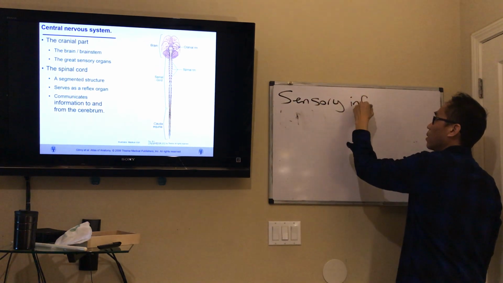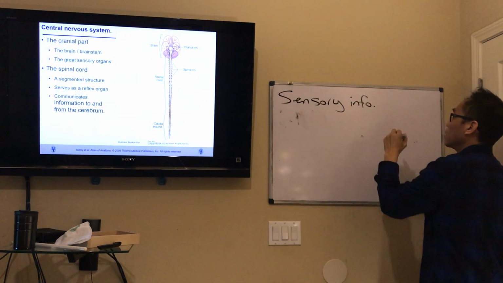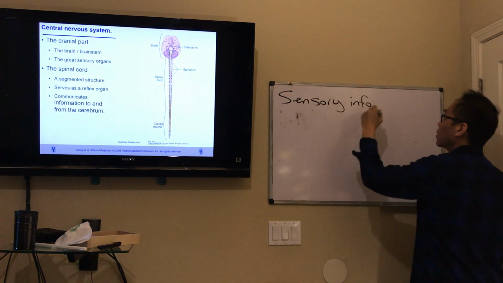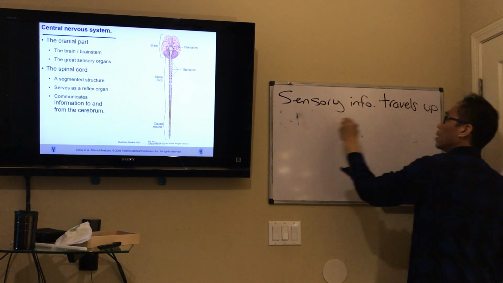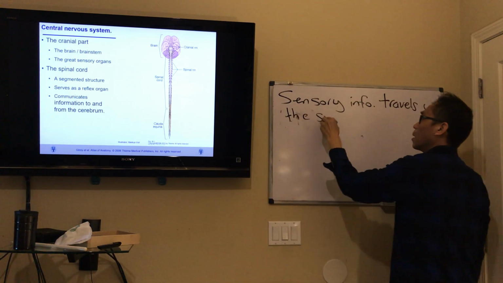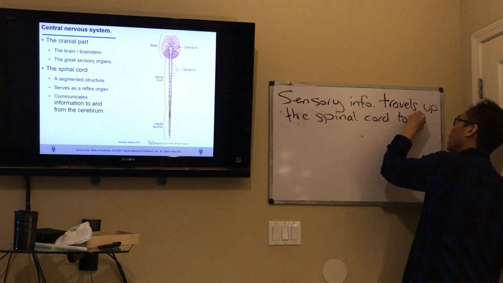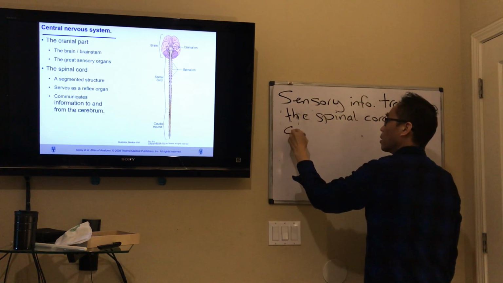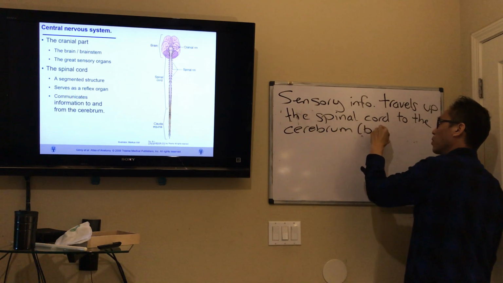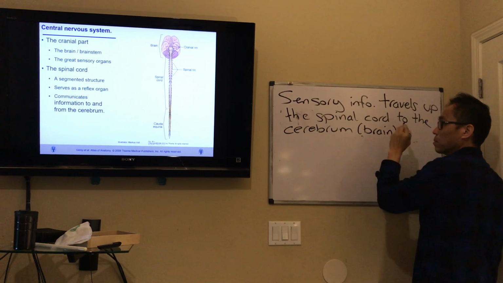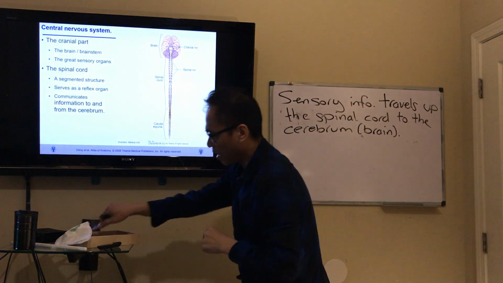Sensory info travels up the spinal cord to the cerebrum, which is the brain. So again, cerebrum is brain. Just remember, sensory traveling up.